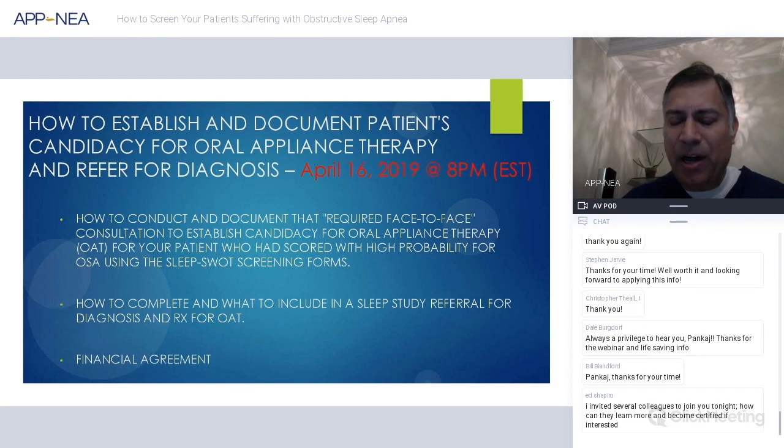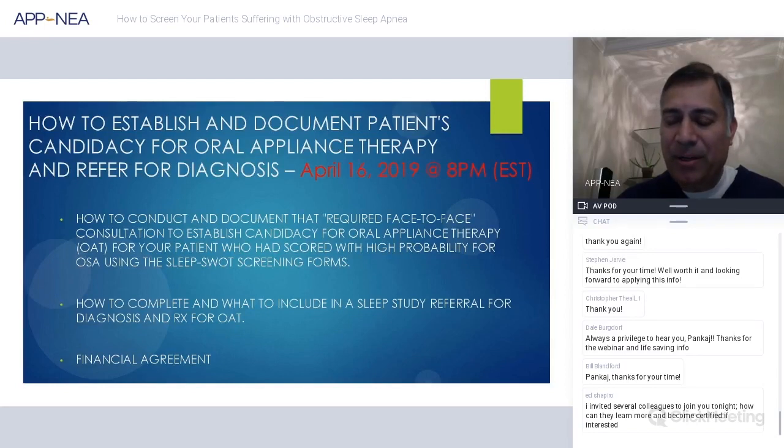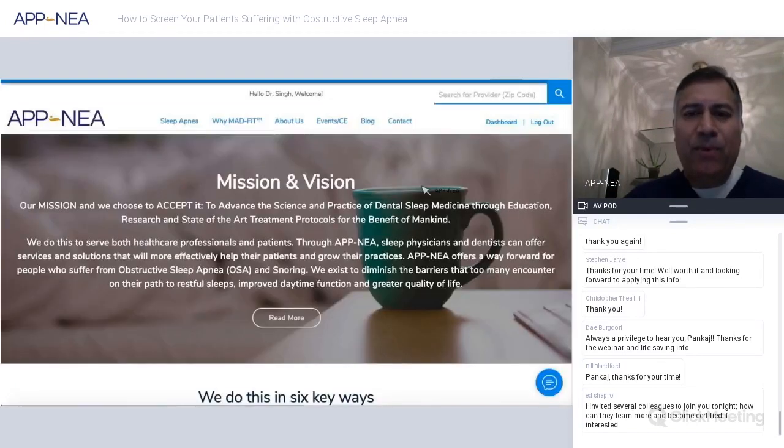They go to For Professionals, which is in the upper right-hand side, right here. They can go to the main page, and up here would be For Professionals.